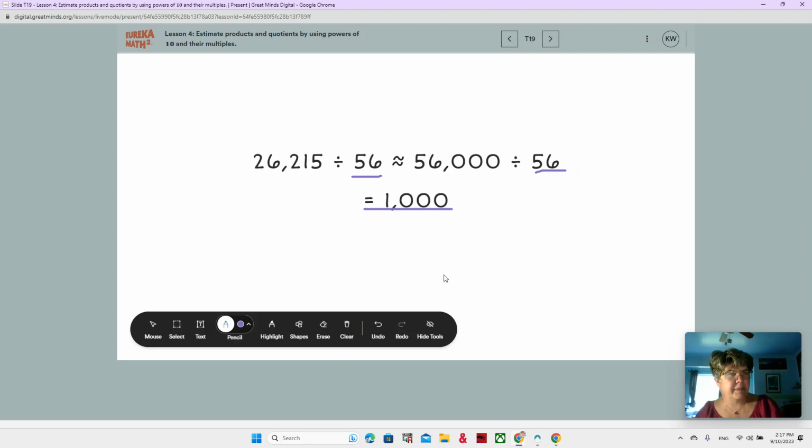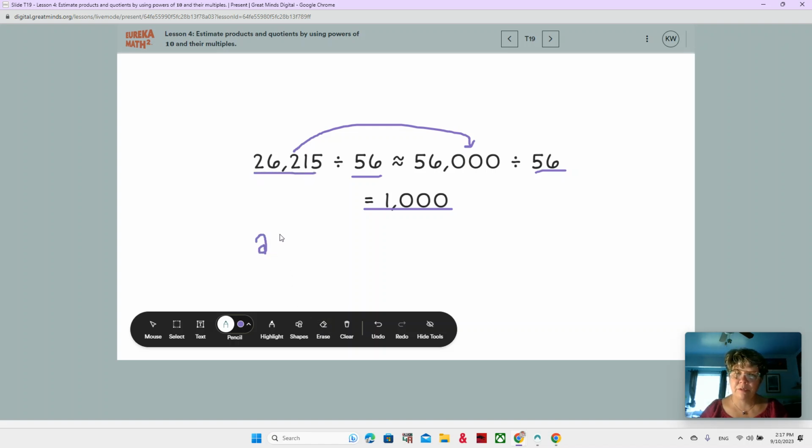Is that a good estimate? What do you think about that? Not so good, right? Do you see why? 56,000 is almost 2 times as much. Yeah, he really made it gigantic there. What would be more reasonable? What way could we do that's more reasonable? Think about 26,000.